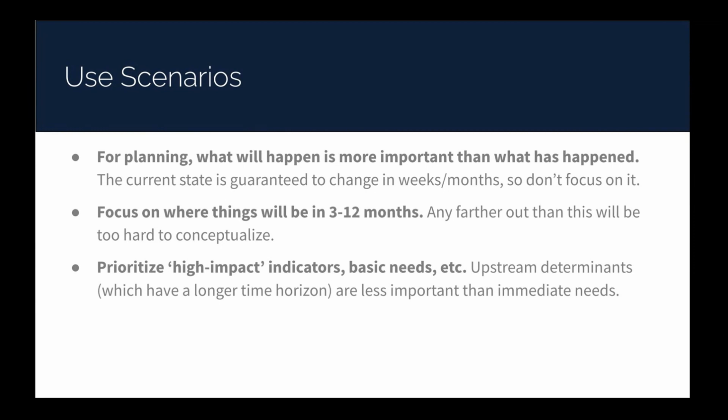For example, access to food is probably more important than educational attainment in the next 3 to 6 months. And so thinking selectively about the indicators that you're using to measure or to estimate around, and being smart about what are likely to be the really impactful needs within the community is going to be key, I think, to making the needs assessment relevant.